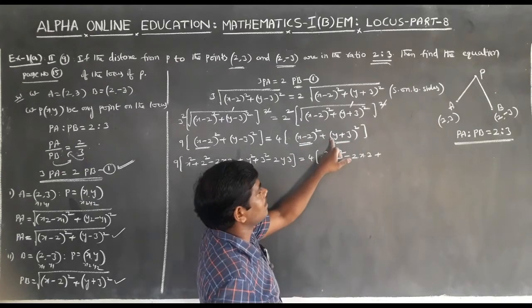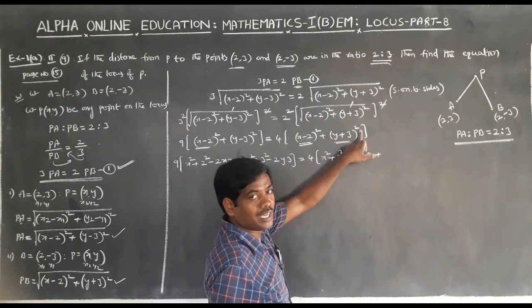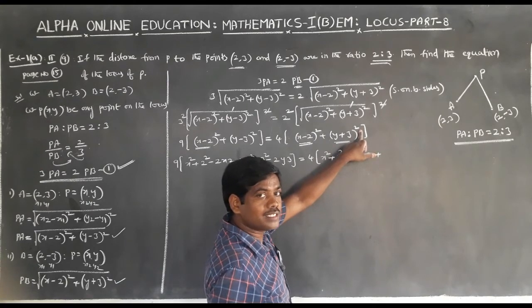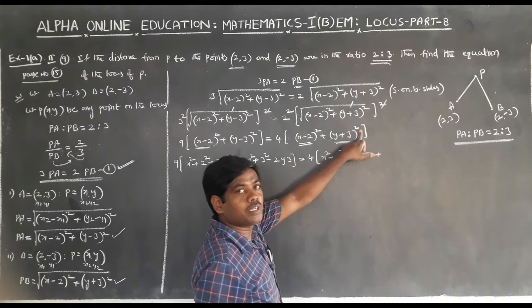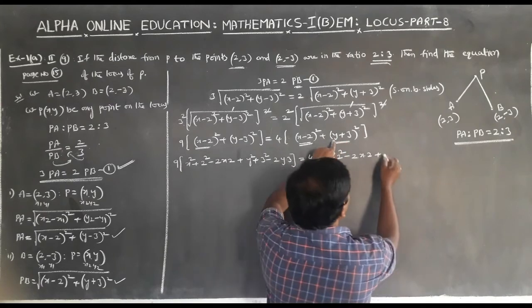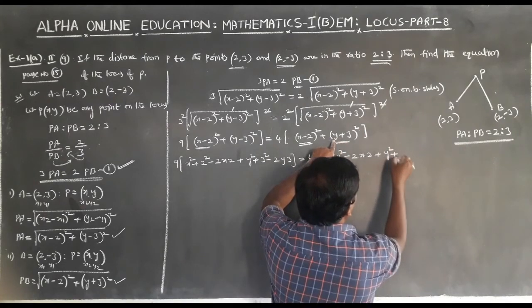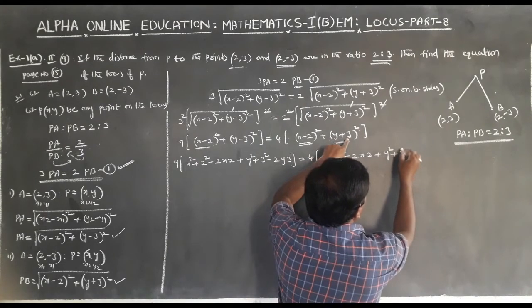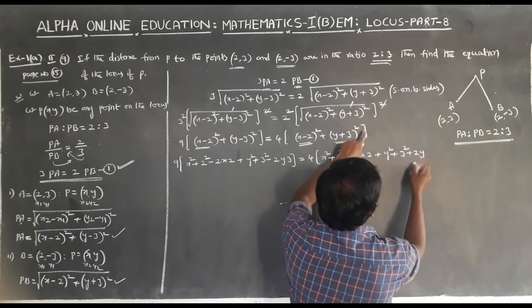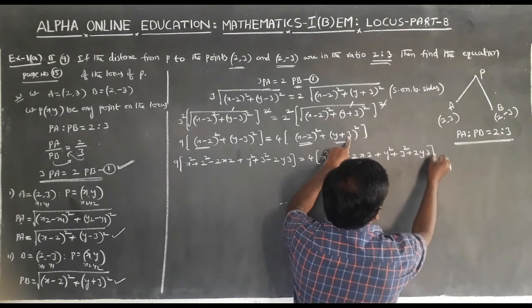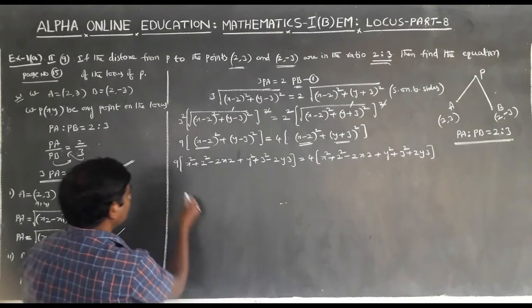Plus (y + 3)². By using (a + b)², which is equal to a² + b² + 2ab: here a² is y², b² is 3², and 2ab is 2 into y into 3.